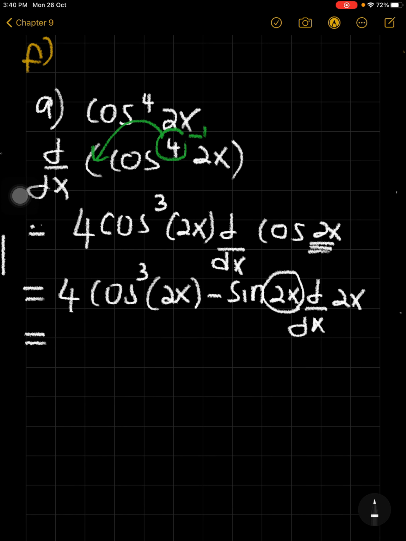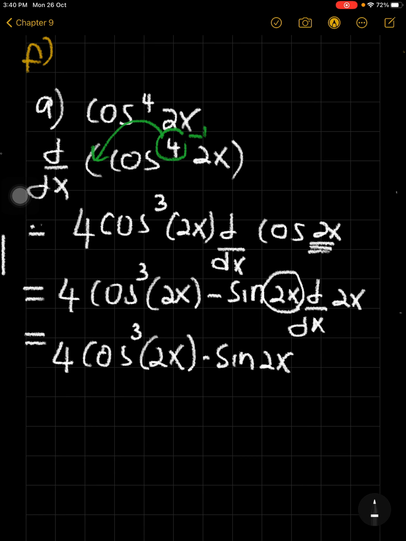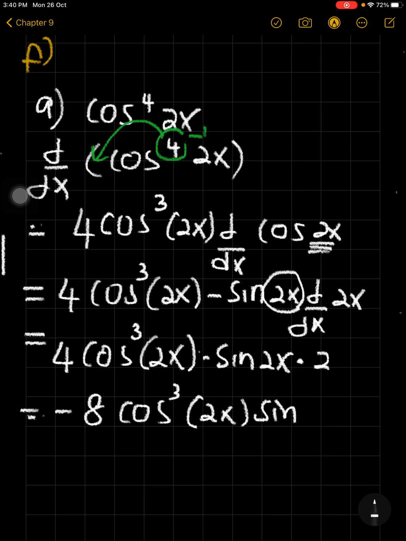So answer adalah 4 cos 3 2x negative sin 2x. Differentiate 2x, you got 2. Darab negatif dengan 2 tu, darab dengan 4, so jadi negative 8 cos 3 2x sin 2x.